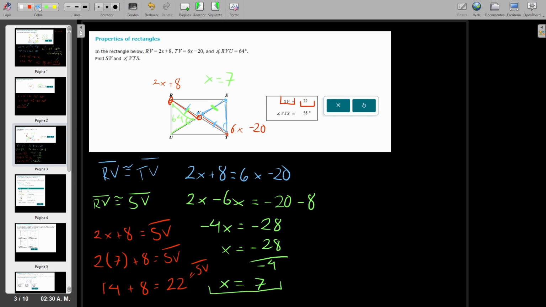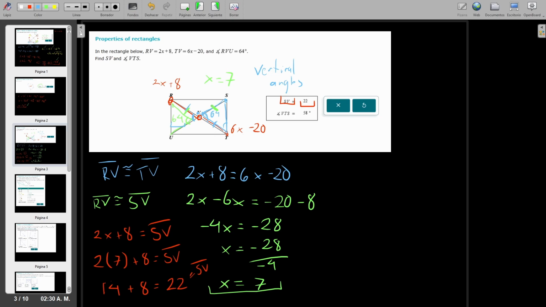Now for the angles. The angles are going to be a little easier. We know that this angle here equals 64, right? And we know that by the property of vertical angles, this angle is also 64.